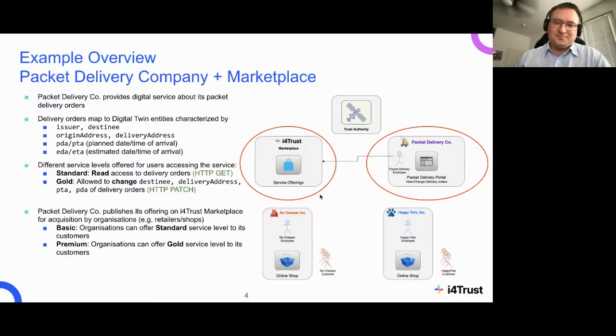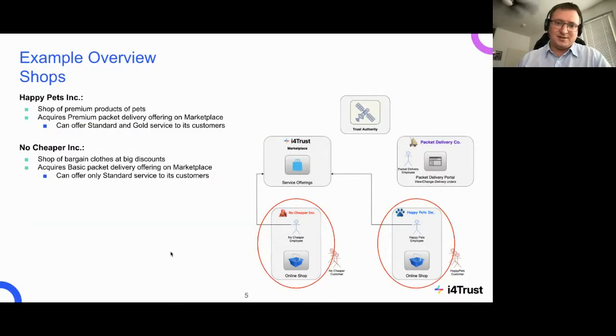These services are offered on the marketplace and shown as a basic and a premium service offering. Then Happy Pets and No Cheaper acquired access to these offerings on the marketplace, while Happy Pets was supposed to acquire the premium offering and No Cheaper just the basic one.